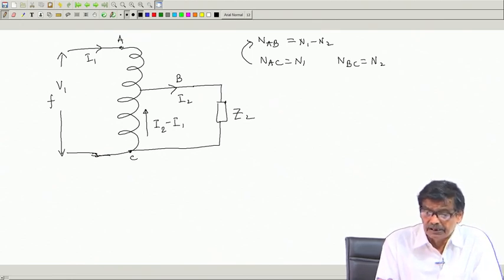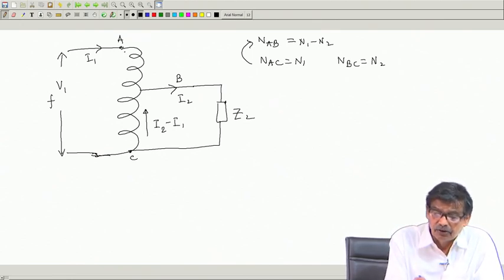And I told you that these are the dots here. Therefore, if I2 minus I1 leaves there, I1 comes in.